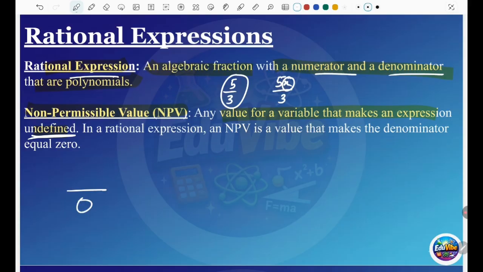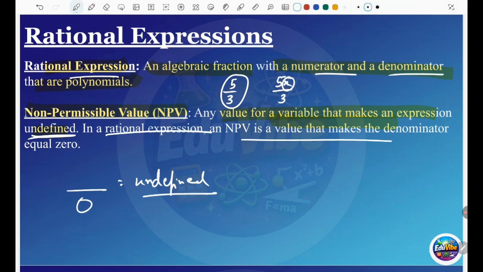If the denominator has the value 0, or comes to 0 when we put in a value for the variable, that value makes the expression undefined. That is the restriction we have to take, and this is the NPV. So in a rational expression, the NPV is the value that makes the denominator equal 0. We have to put a restriction on that.